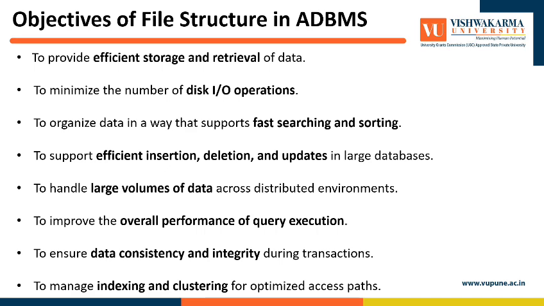It also supports efficient insertion, deletion, and updates in large databases. It handles large volumes of data across the distribution. It improves the overall performance of query execution. It ensures data consistency and integrity during transactions. It also helps manage indexing and clustering to optimize access paths.